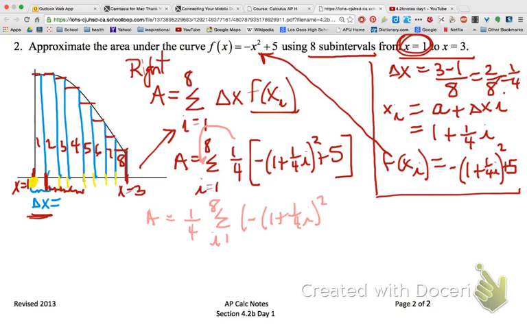That's one of the terms. And my 5 is the second term. So I'm allowed to split them. I could put some brackets here. And it's going to look like this.